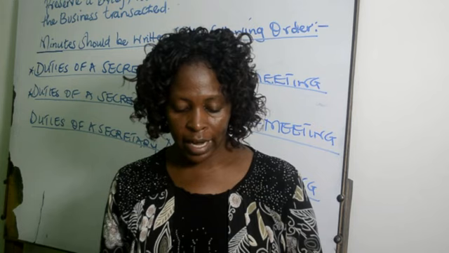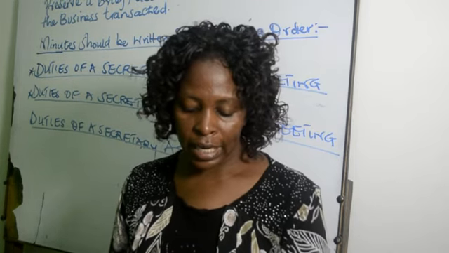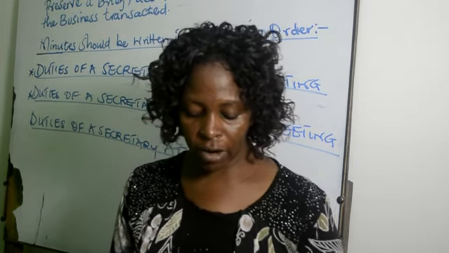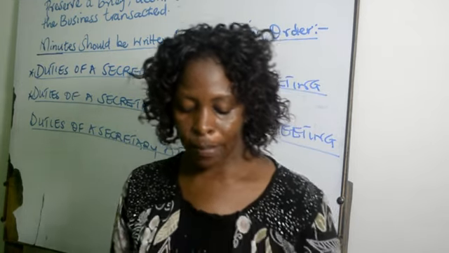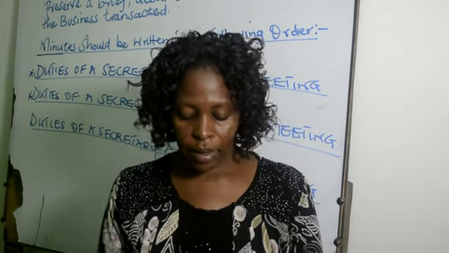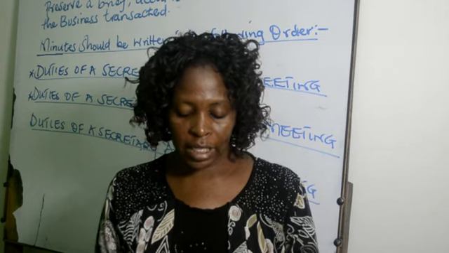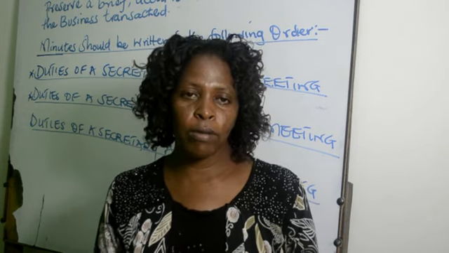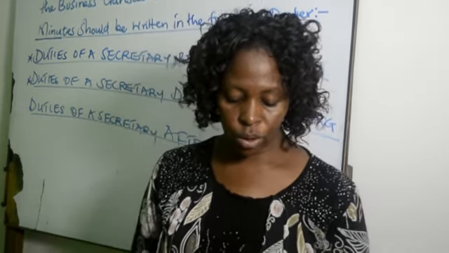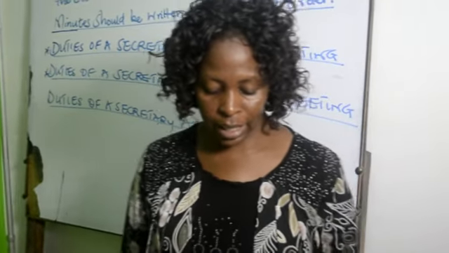She should also file any papers used at the meeting as well as the copies of correspondence typed during the meeting. Any documents to be filed from the meeting, she should file them immediately after the meeting.